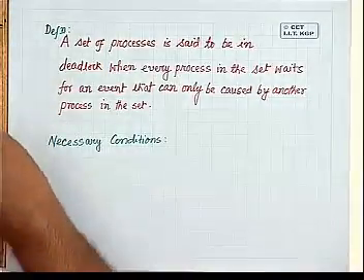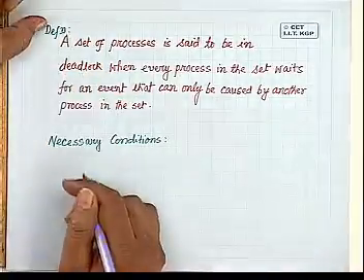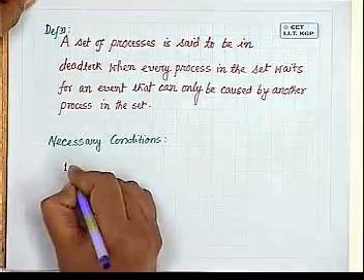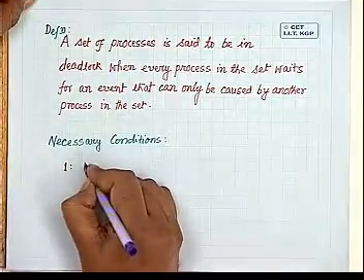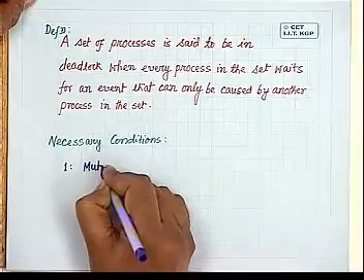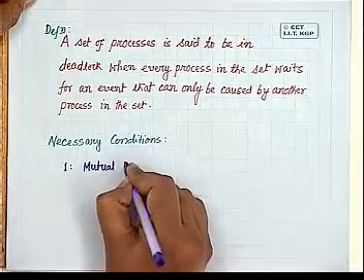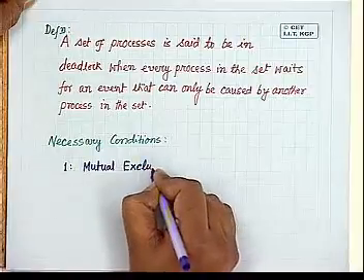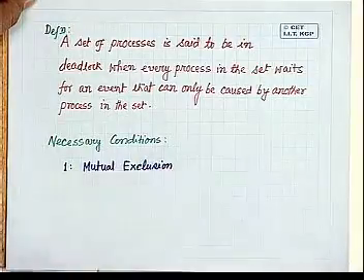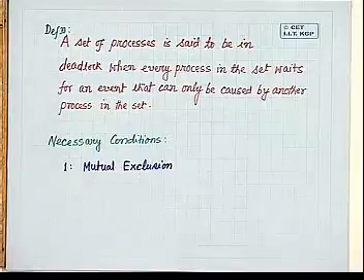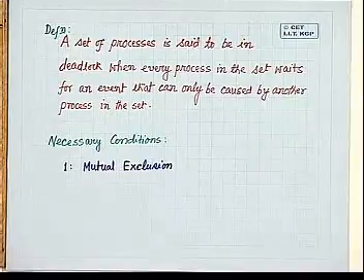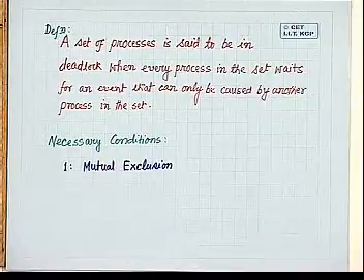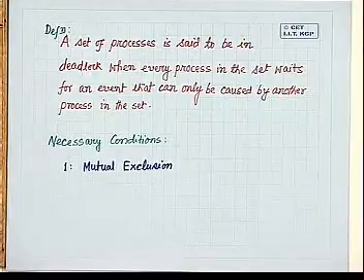The conditions are: number 1 is mutual exclusion. That is, there is at least one resource in the system which cannot be shared by more than one process at a time.